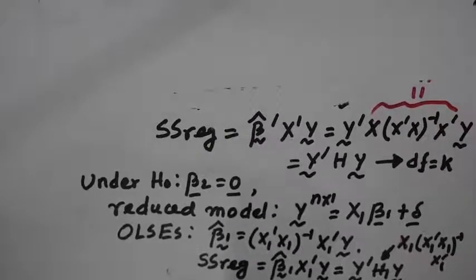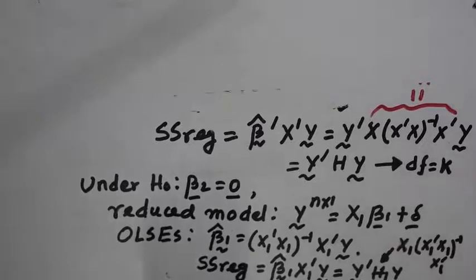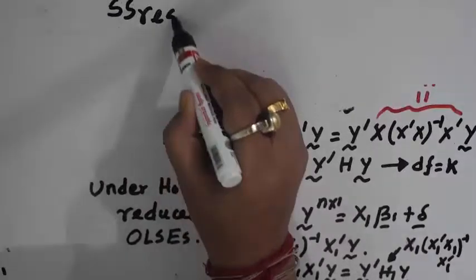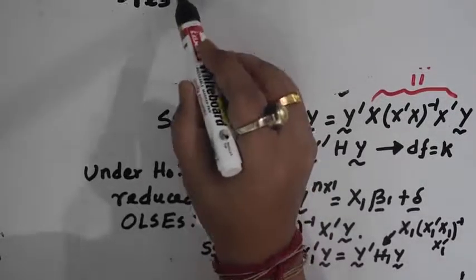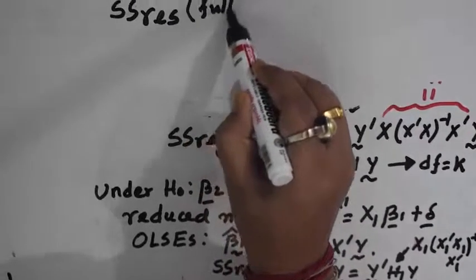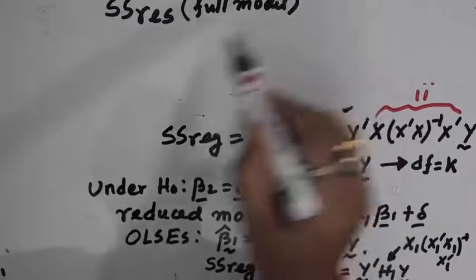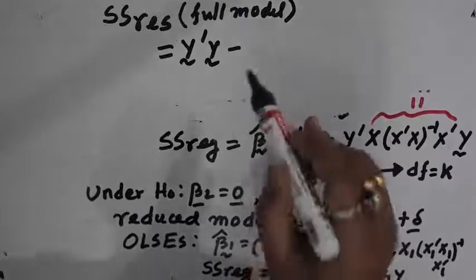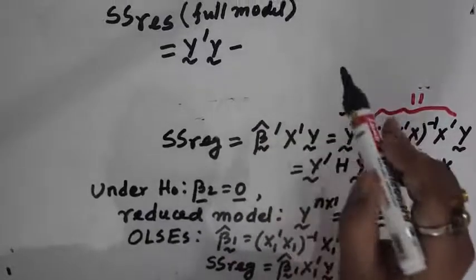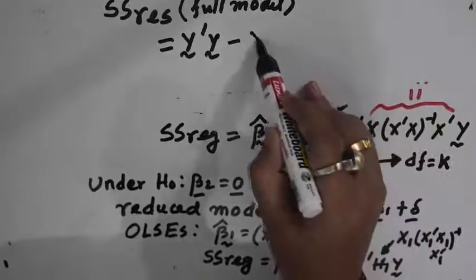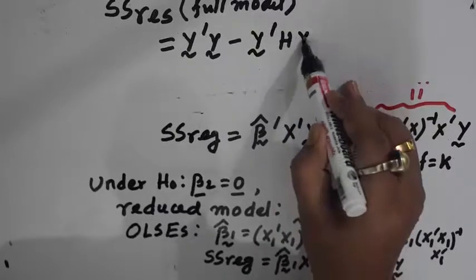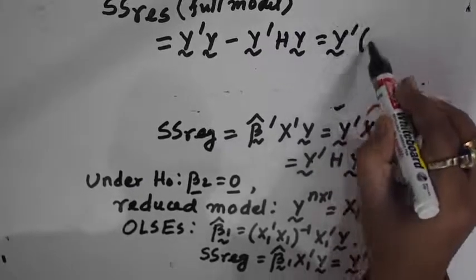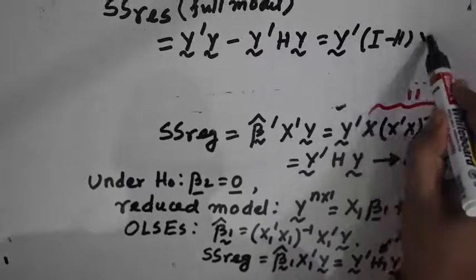Now SS due to residual for the full model equals y curl prime y curl minus y curl prime H y curl, that is SS due to regression, y curl prime I minus H y curl.